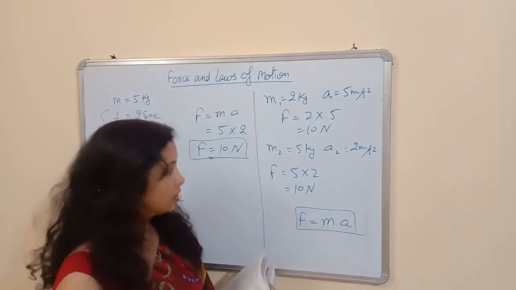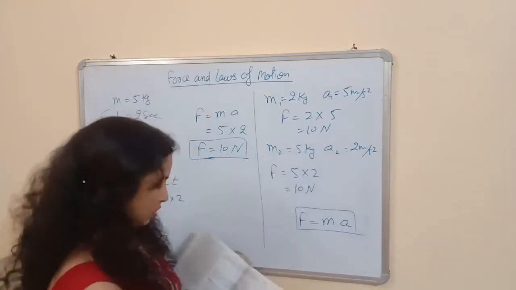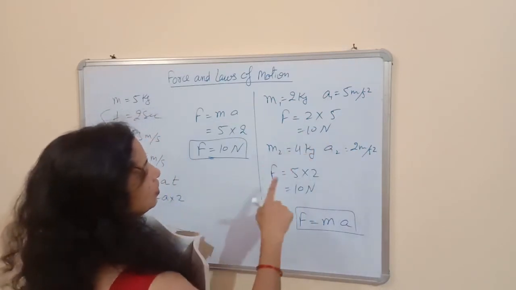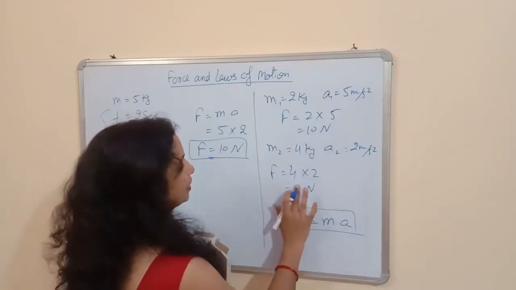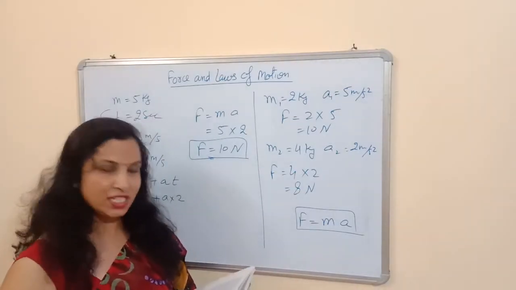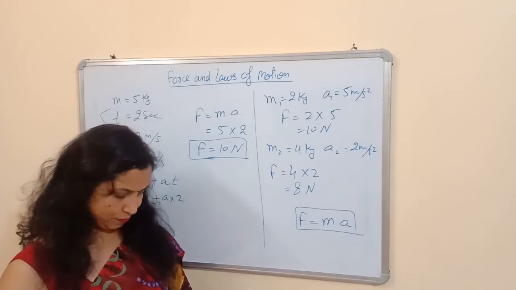Okay, this was not 5 actually, this is 4 kg. I'm really sorry. So 4 times 2 is 8 Newton. So which would require a greater force? In the first case, we are applying the greater force.